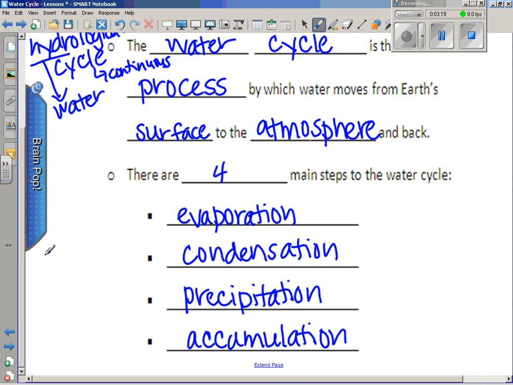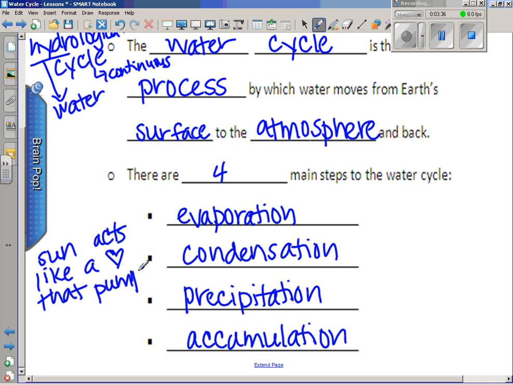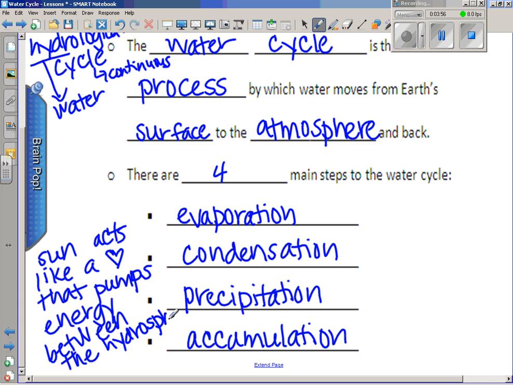Well, you need to know that the sun acts like a heart that pumps this energy between the hydrosphere and the atmosphere.